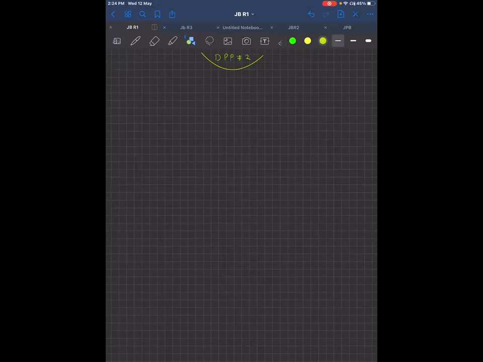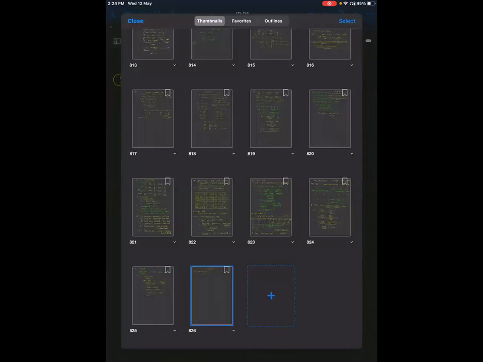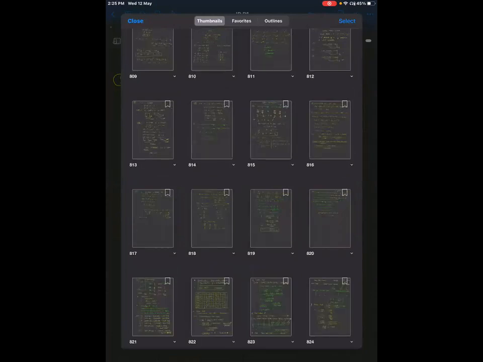So 9th question. Question number 9 is x square plus xy plus xz is equal to 3. Actually, this is discussed already. One minute, let me check. This is discussed, question number 9.